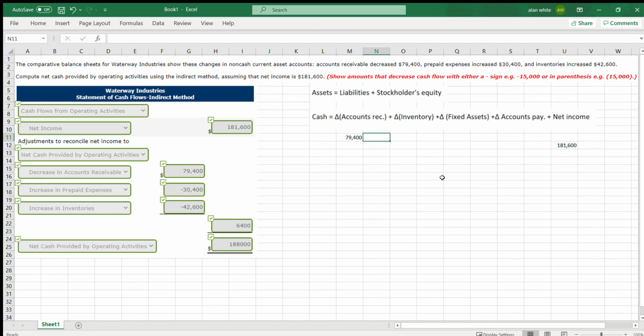So I'm just going to throw it next to it here. We'll say 30,400. Notice here it's increasing. And because it's increasing, we're going to make it a negative value.